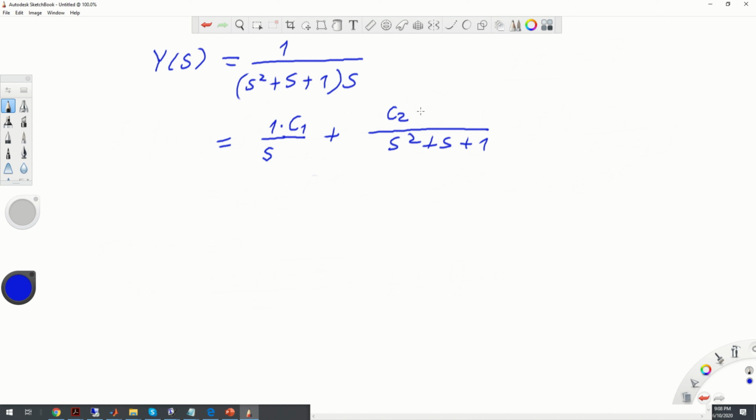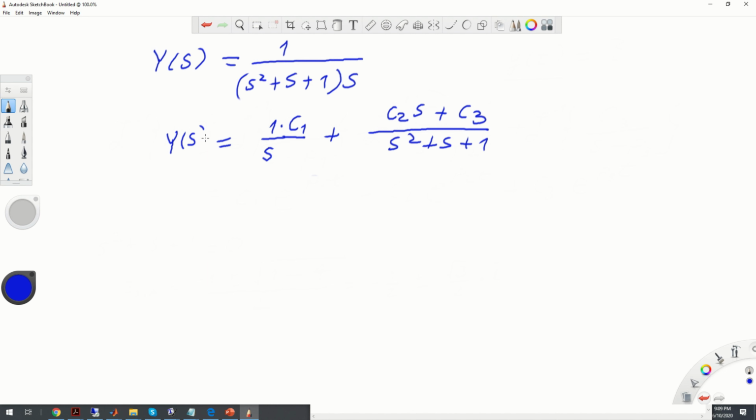So we can represent this rational function as a sum of two terms. Now we have to find the constants C1, C2, and C3.